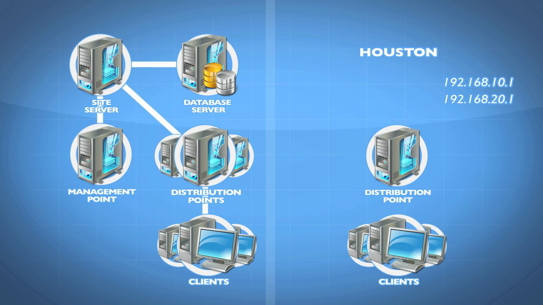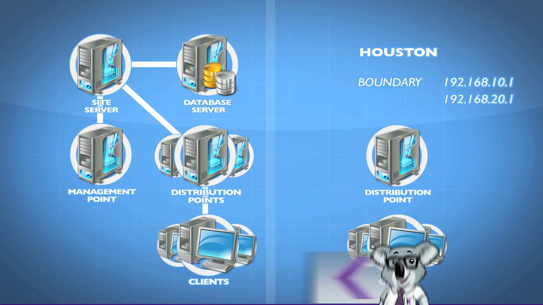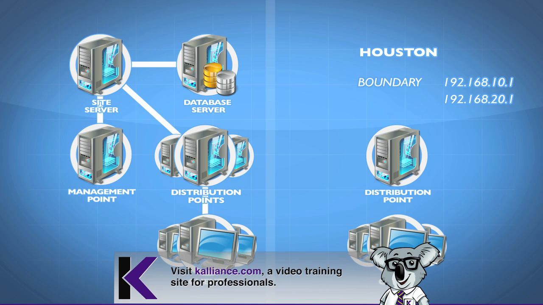Well, what we do back at the primary office through our console is we configure a boundary for each of these. So the boundary will be the subnet, and we'll associate that and give it a name and call it Houston Boundary 1 or something to that effect. We'll create another boundary that includes this subnet, the 20.1 subnet.